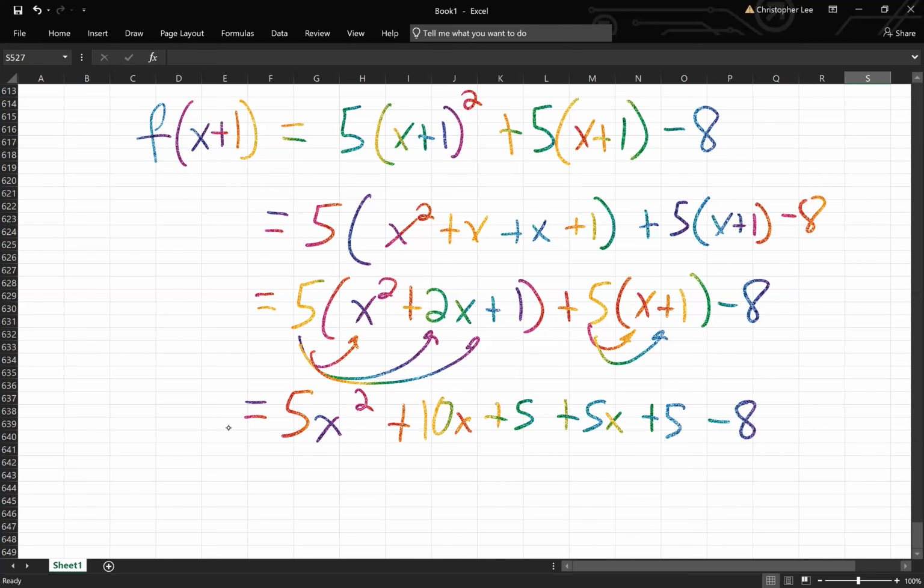Now, combine like terms, right? So what do I have? I have 5x squared. Then I have 10x plus 5x, which is plus 15x. Very good. Then I have 5 plus 5, which is 10. 10 minus 8 is plus 2.